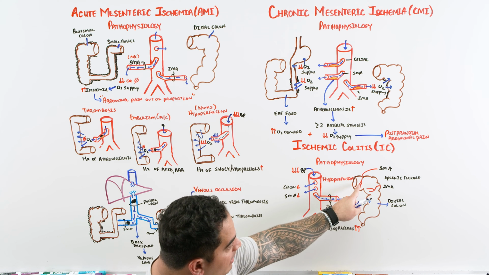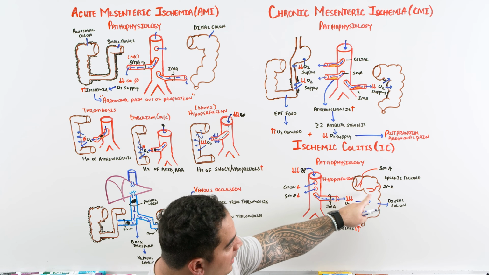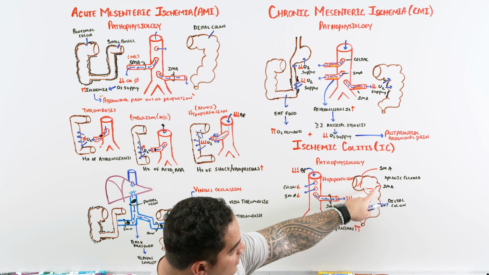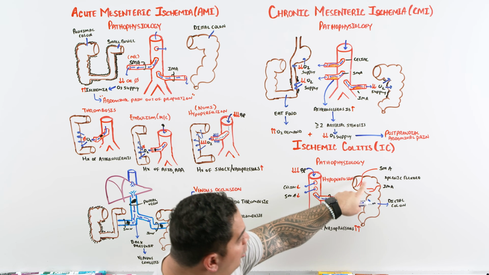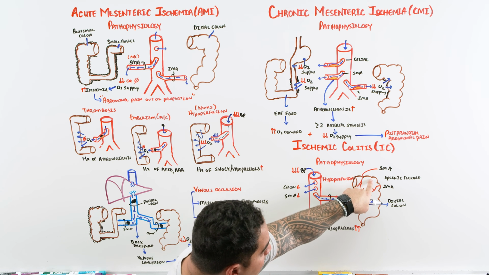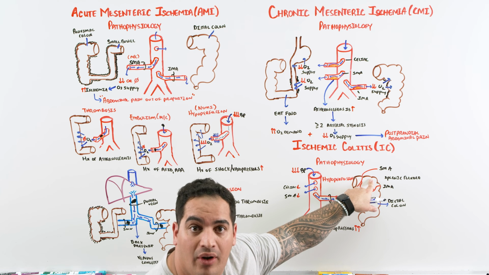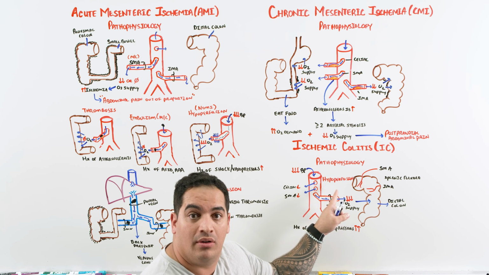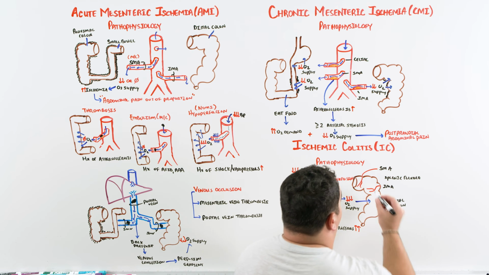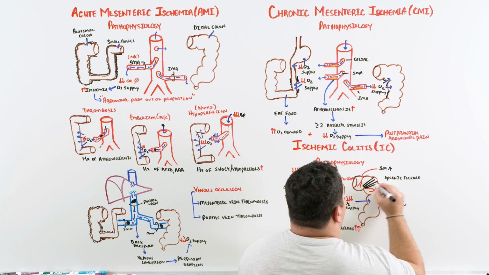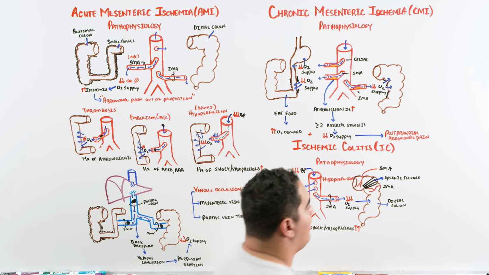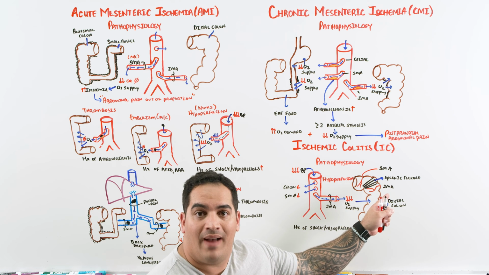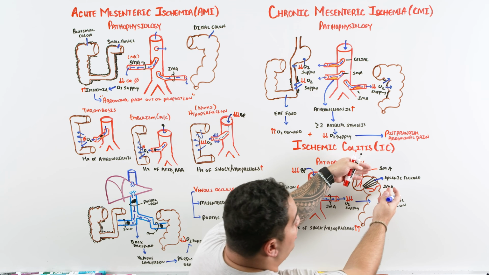The SMA will give a little bit to this distal part of the transverse colon, and the IMA will supply most of the distal part of the transverse colon as you go down to the descending colon. Right here where they overlap is the most susceptible area during hypoperfusion. And so this is the area that'll start to become ischemic. So I want you to always think about the splenic flexure as an area of profound ischemia because it's a watershed area.